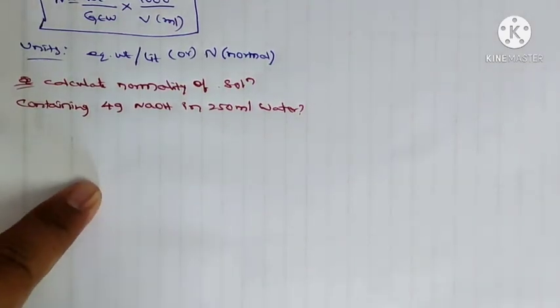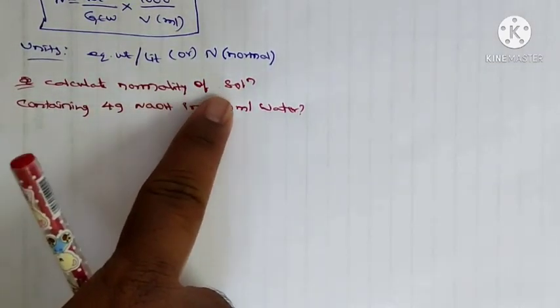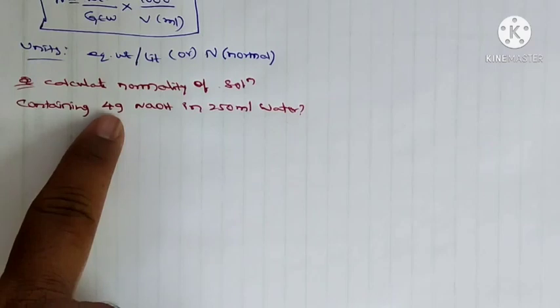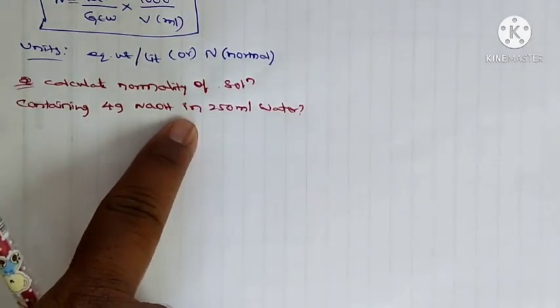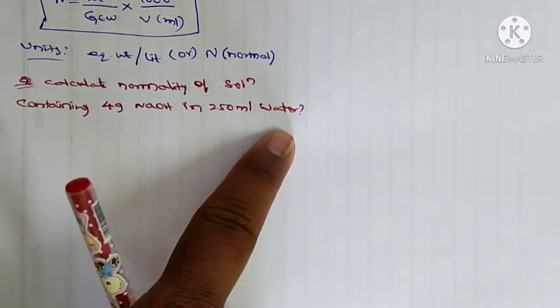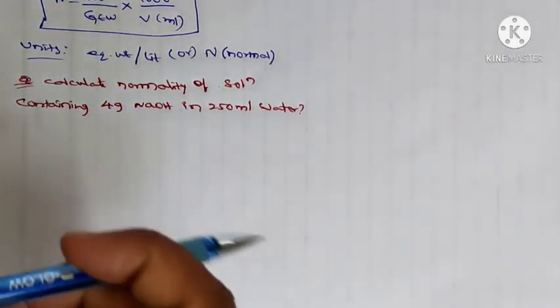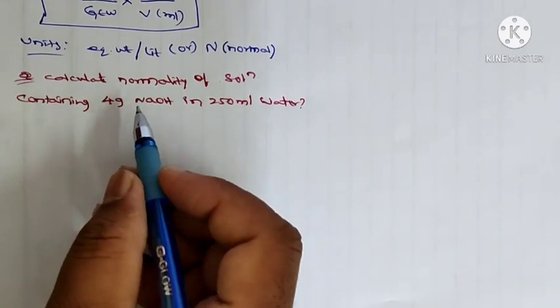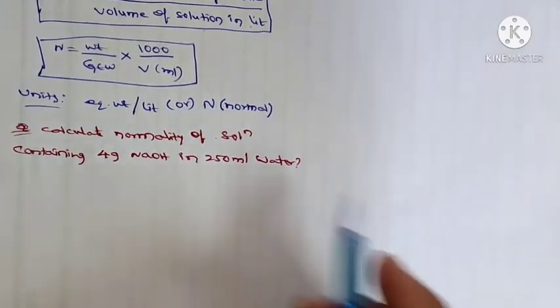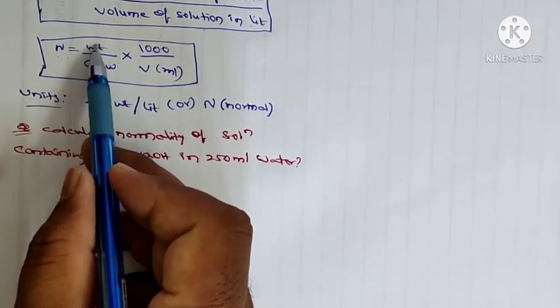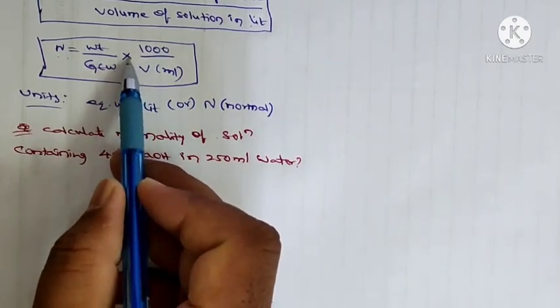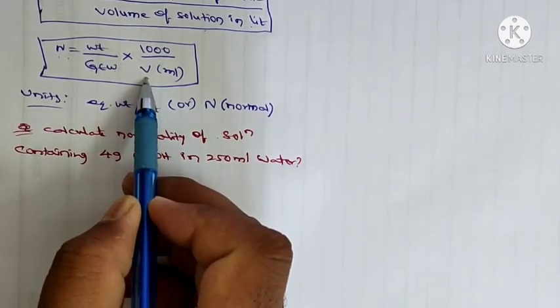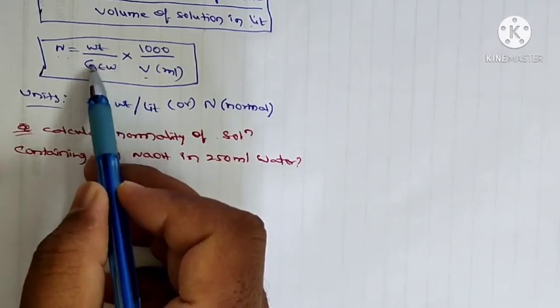Let us solve one problem. Calculate the normality of a solution containing 4 grams NaOH in 250 ml of water. So what is the formula? Capital N is equal to weight by gram equivalent weight into 1000 by V. First of all, we have to find the equivalent weight.